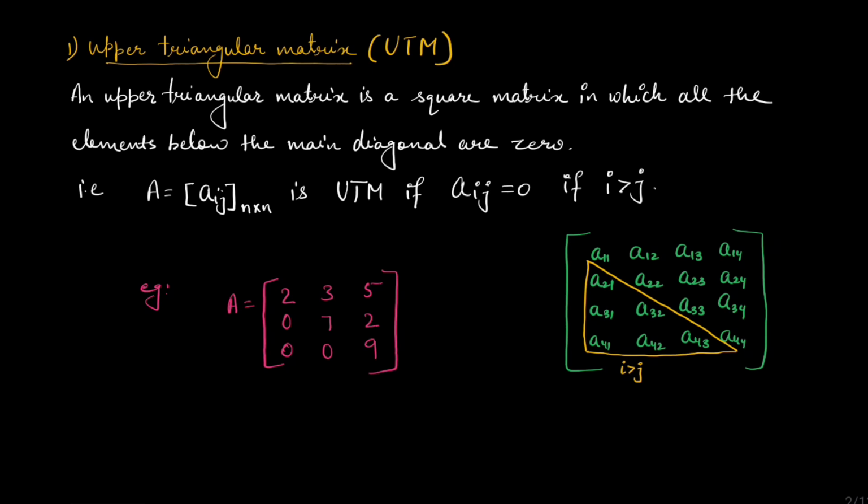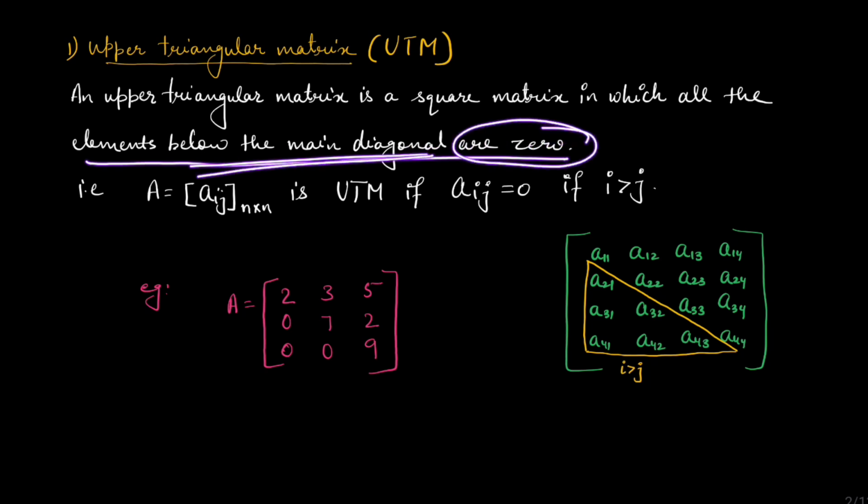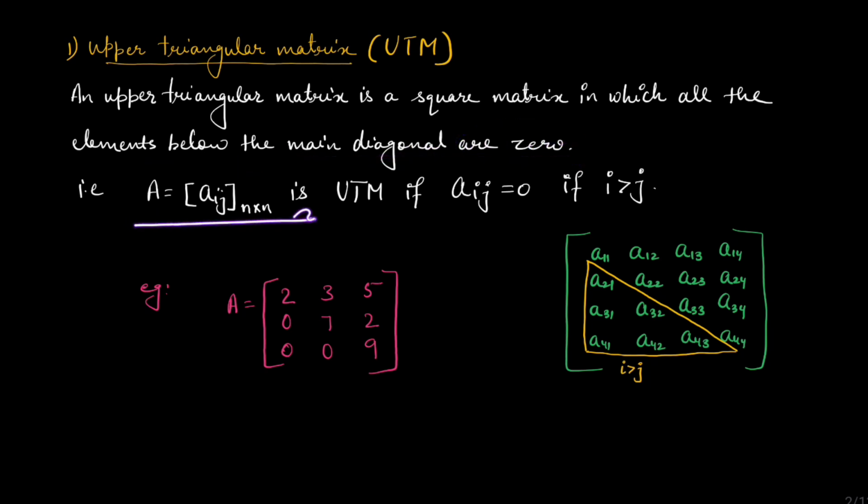So first type is upper triangular matrix. First of all, it is a square matrix, and in this matrix we have the condition that elements below the main diagonal will be 0. That is, if you have a matrix defined like this, then Aij will be 0 if your index i is greater than j.